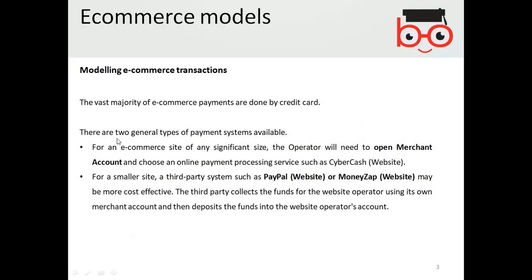There are two general types of payment systems available. For an e-commerce site of any significant size, the operator will need to open a merchant account and choose an online payment processing service such as CyberCash, or maybe WorldPay and others. They are kind of merchant accounts.